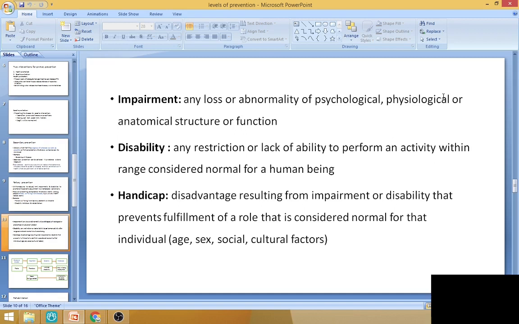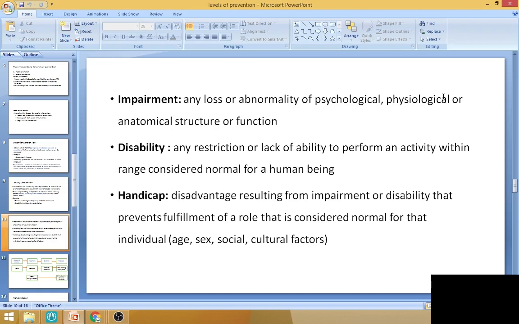Now, losing the job as a driver because of the loss of the limb is a disadvantage resulting from the impairment or disability that prevents fulfillment of a role. This is the answer: fulfillment of a role that is considered normal for that individual.